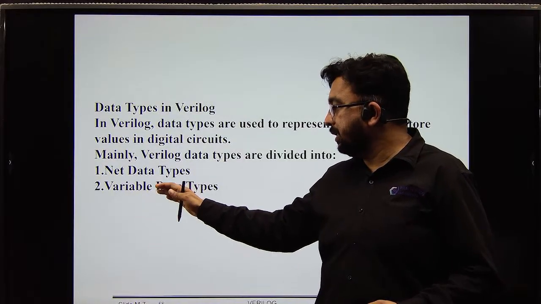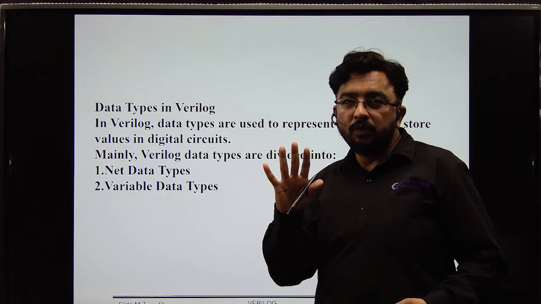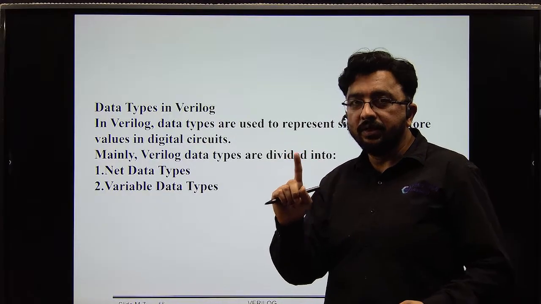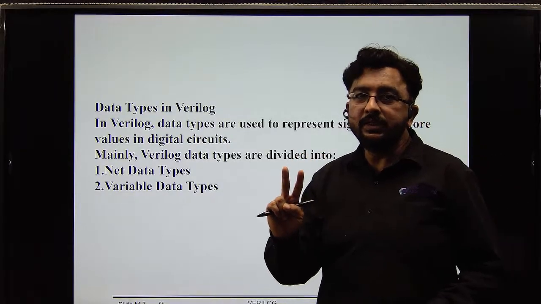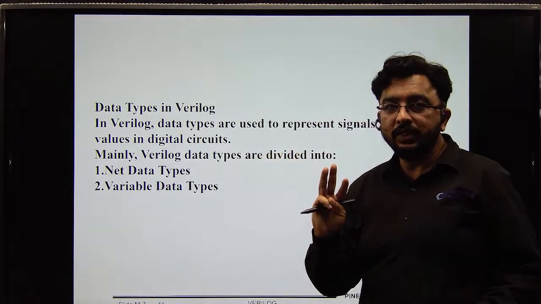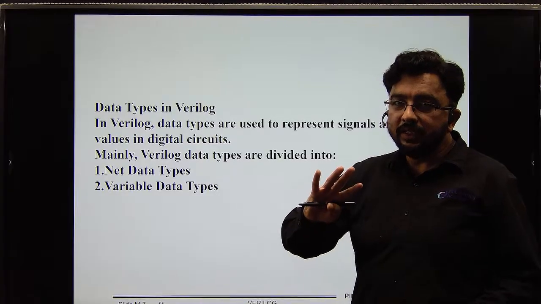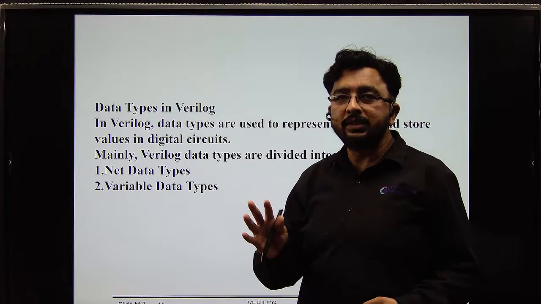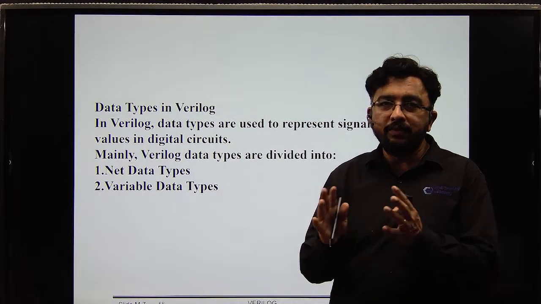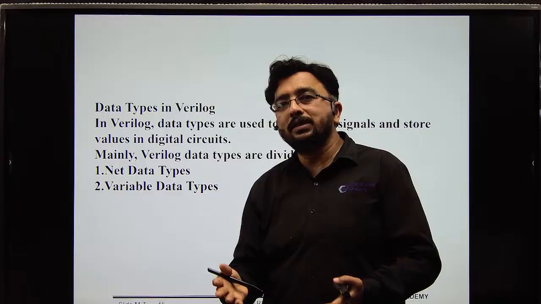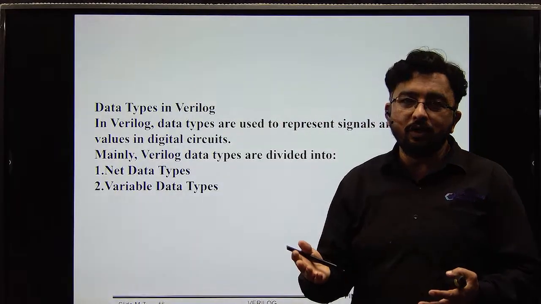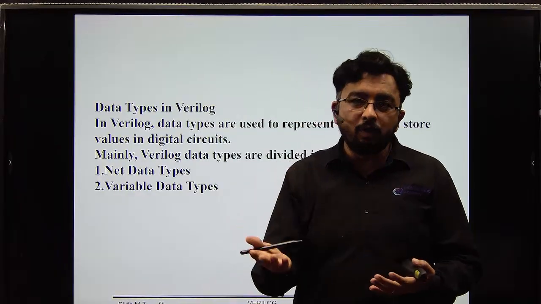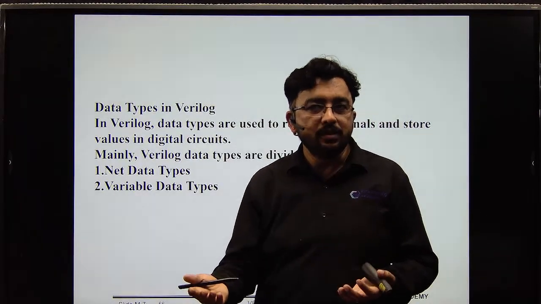Inside the variable we have four types of data types: reg, integer, real, and real time. These four data types are used in Verilog behavioral modeling to perform operations, like mathematical operations, sequential operations, real time operations, and floating point operations.